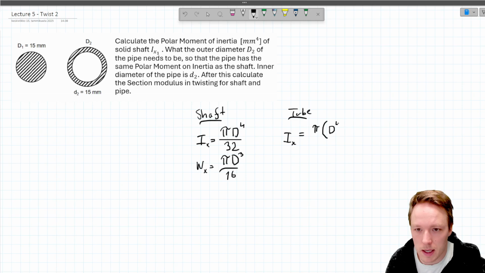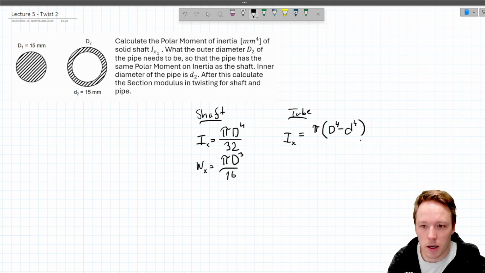So d to the power of 4 minus internal diameter d to the power of 4, in brackets, divided by 32.